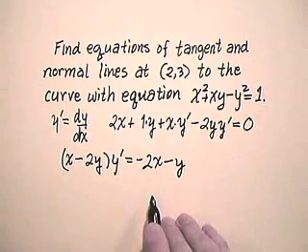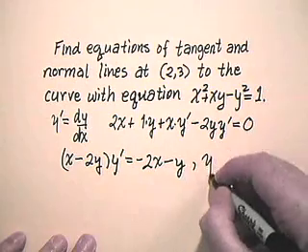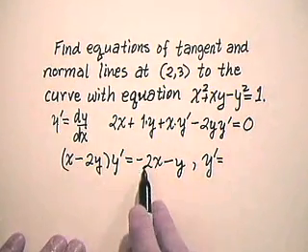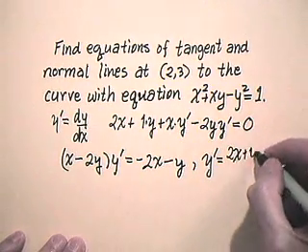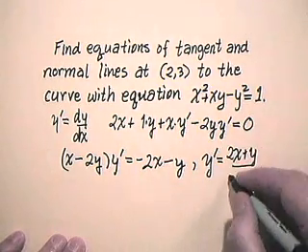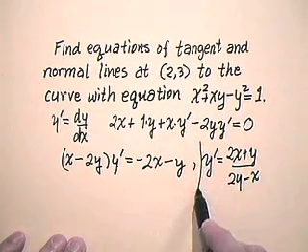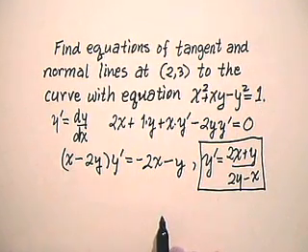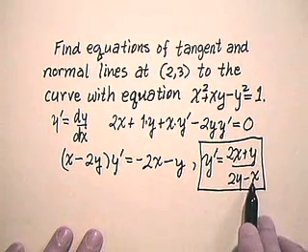So let's solve for y prime. That will give us y prime equals, and now I can reverse the order of those two terms and change those to plus. We get (2x plus y) divided by (2y minus x). There's our implicit derivative for y with respect to x expressed in terms of x and y.